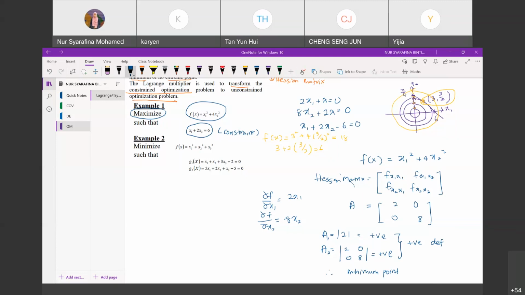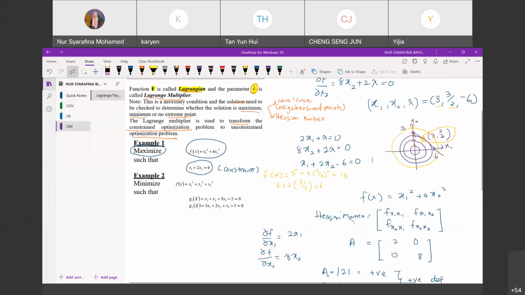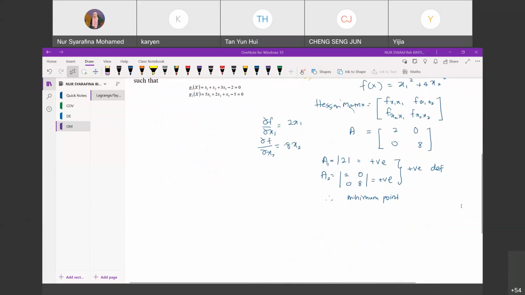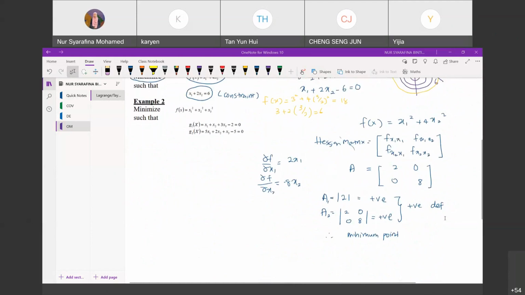By using the Hessian matrix, you show that the critical point is a minimum point. So the question here is, is the solution valid for this case? The answer is not valid because it is shown that it is not maximum enough on the curve, and by using the Hessian matrix, it is not a maximum point, it is a minimum point.